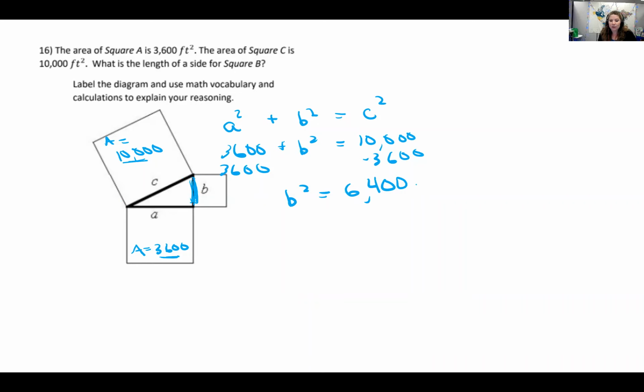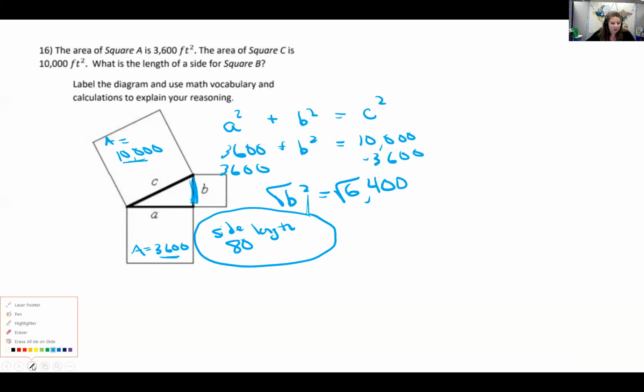So the square root of 6,400, well, I know the square root of 64 is 8. So the square root of 6,400 must be 80. So the side length of B is 80 feet. Those are big squares and big triangles.